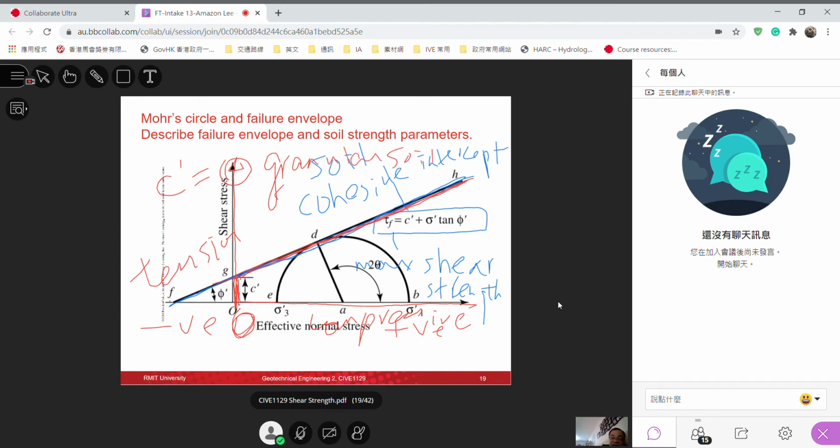That means for sandy soil, okay, because sandy soil is granular soil, the most important constituent is sand particles. So when we talk about granular soil, basically it's sandy in nature. There's no cohesion, not like clay.